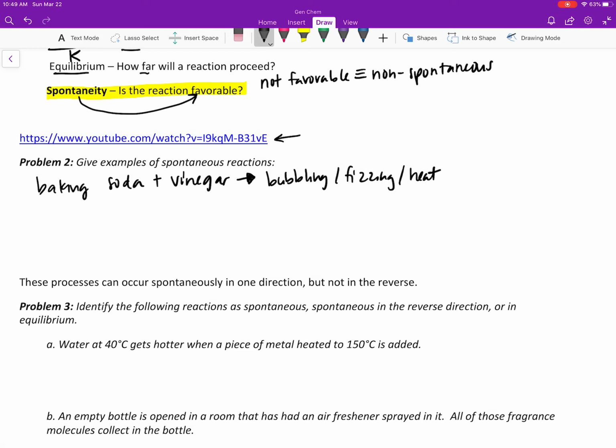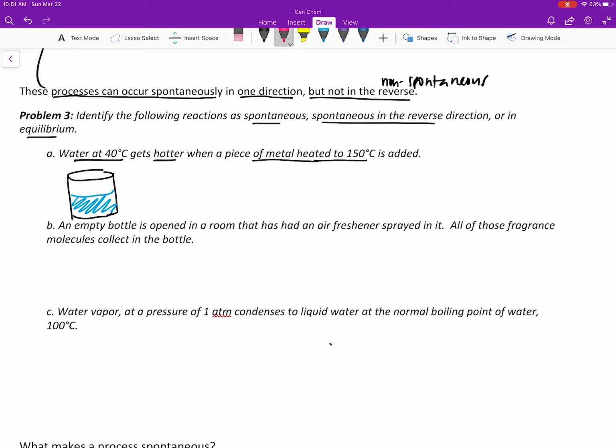If we think about what this looks like, we have a beaker of water at 40 degrees Celsius, and I'm going to input a piece of red hot metal. The heat Q is then going to leave and warm up the water.